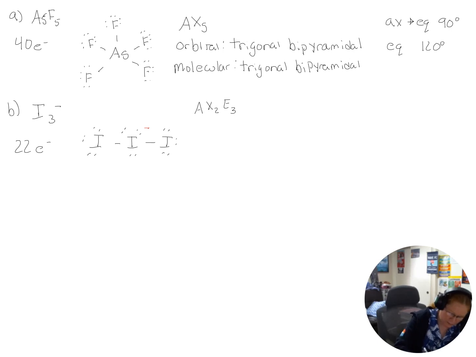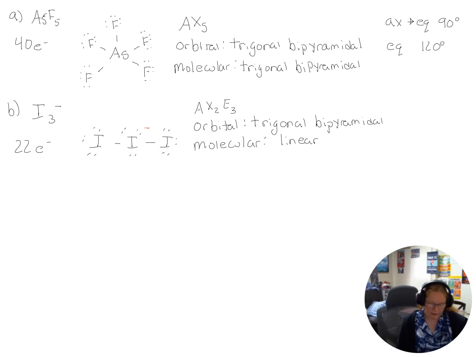So our orbital geometry is trigonal bipyramidal again, and our molecular geometry is linear. We only have that one bond angle left, and that's 180 degrees.